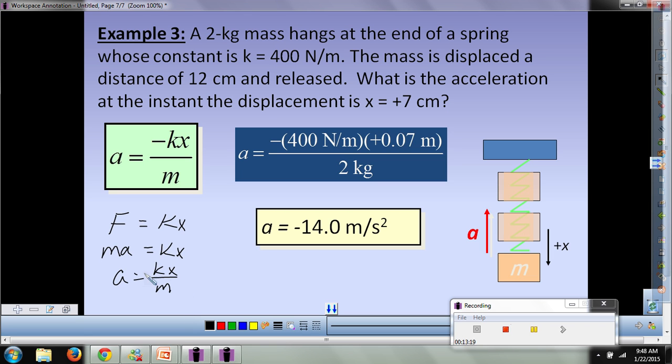And I'm not going to worry about that sign. I'm going to figure out that sign once I get it done. Okay? So I took the 400 newtons per meter times the 0.07 meters and divided by the 2 kilograms. It is at a position of positive 7 centimeters. Okay, so if it's at positive 7 centimeters, then it's being accelerated back that way, so that's where the negative sign came from.